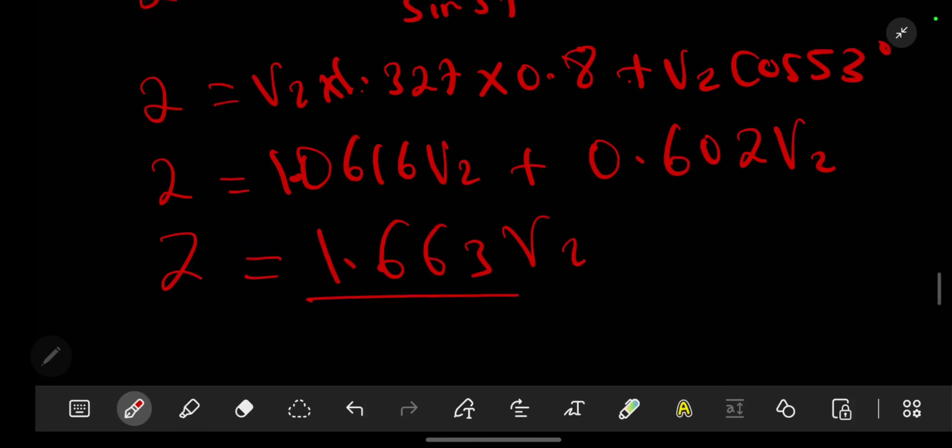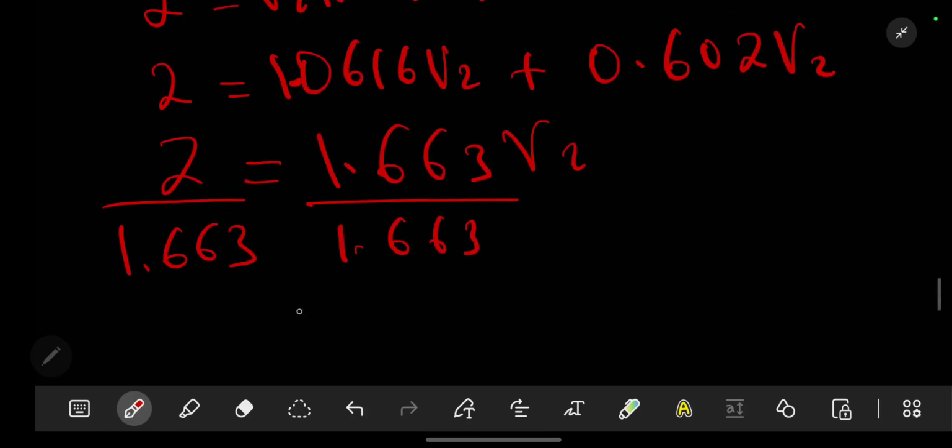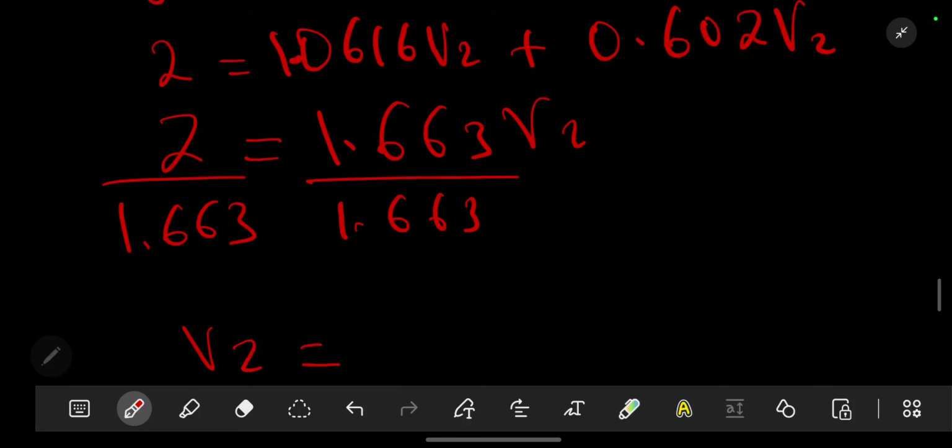Then when we divide 1.663 by 1.663, our V2 will be equal to 2 divided by 1.663, which gives us a value equivalent to 1.2 meters per second.